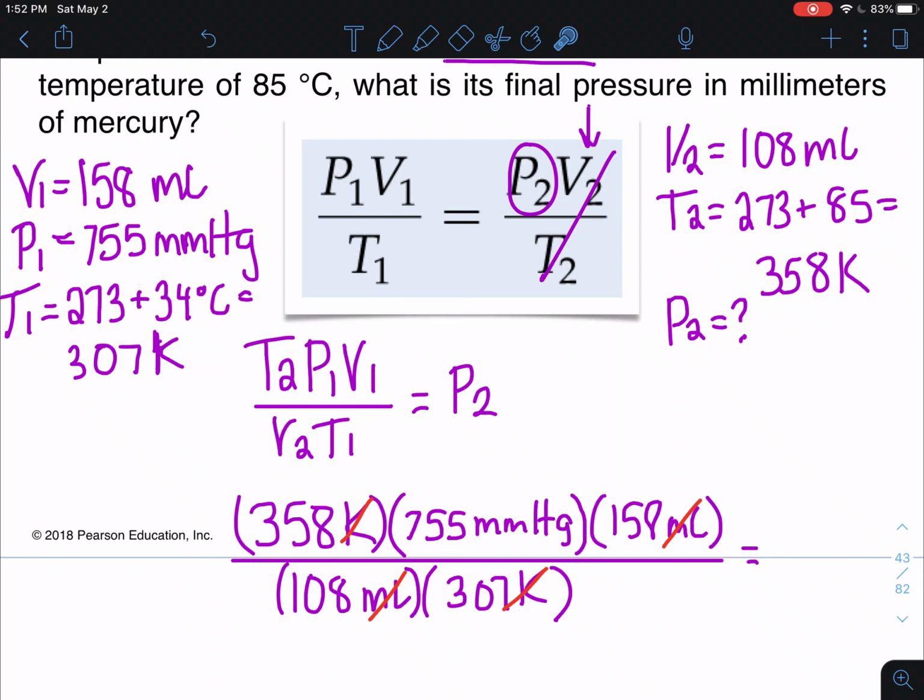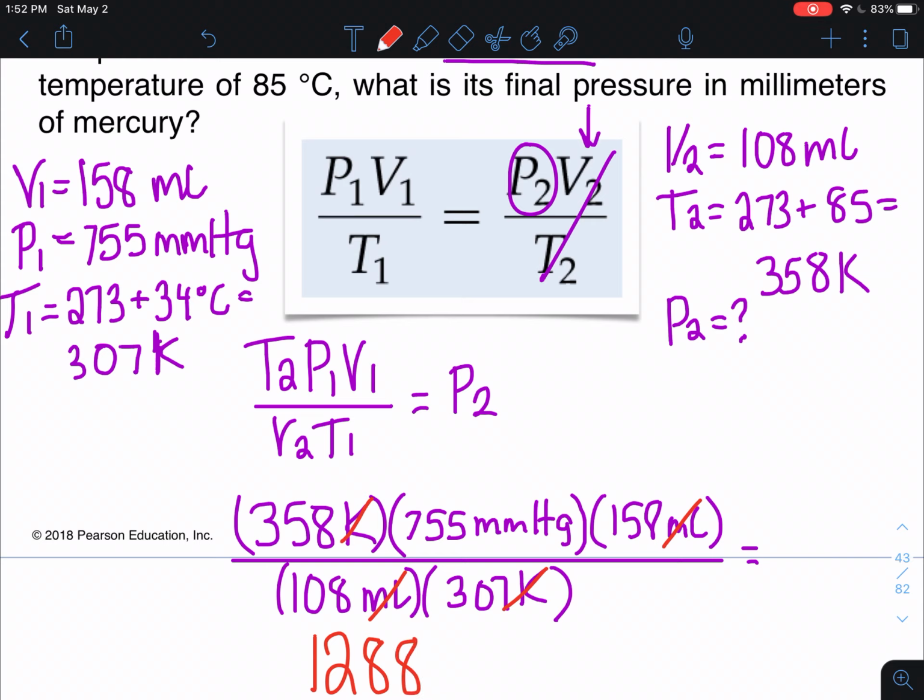So we have 358 multiplied by 755 multiplied by 158, and all of that is over 108 multiplied by 307. And I have a pressure of 128, and it looks like we're working with 3 sig figs.